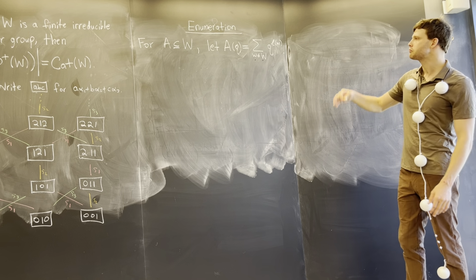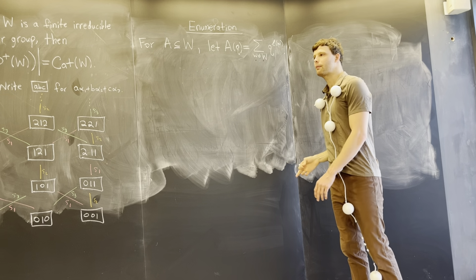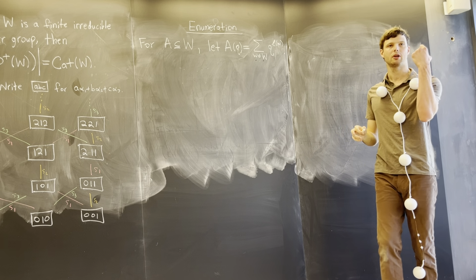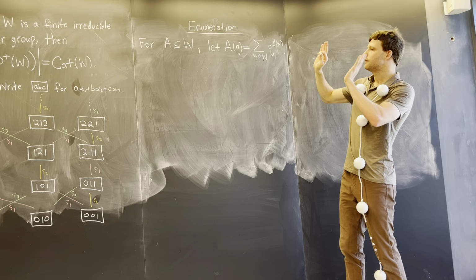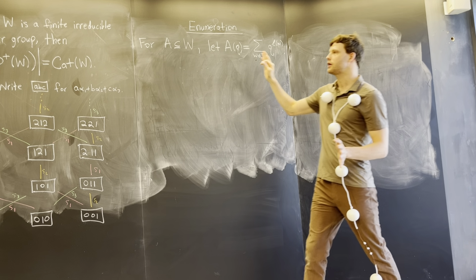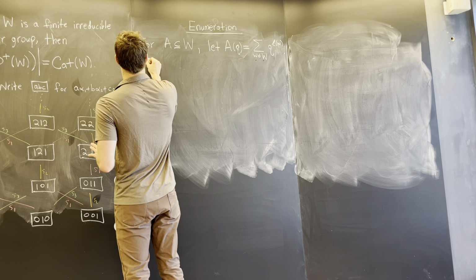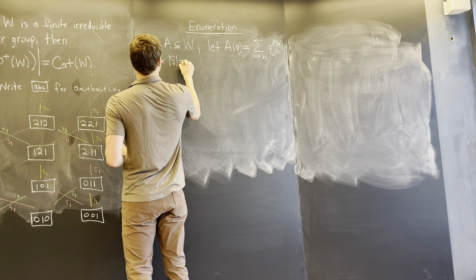W might be infinite, so this could be an infinite sum, but that's okay, because there are only finitely many elements of each possible length. Well, okay, maybe I should assume, as I've been doing, that there are only finitely many simple reflections. So we're assuming that S is finite.